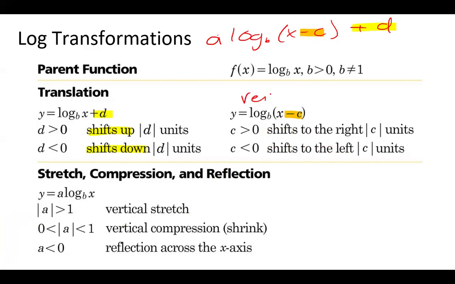This is your vertical asymptote. If your C changes, your vertical asymptote changes. And remember, a minus C is going to make it go to the right, and a plus C is going to make it go to the left.